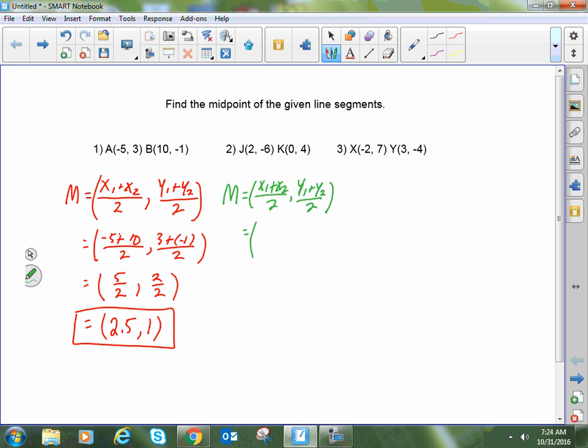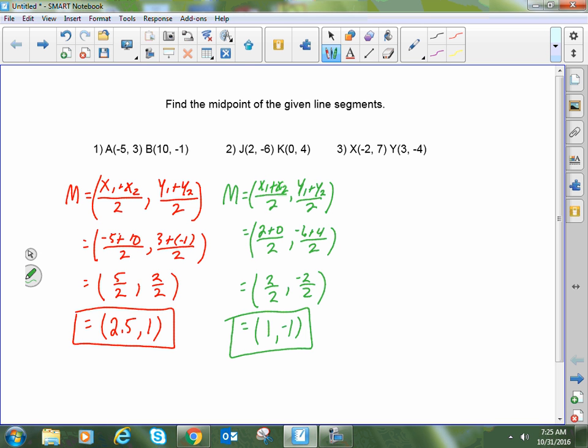Here I'm going to say 2 plus 0 over 2, and negative 6 plus 4 over 2. In the numerator of the first one, we get 2 over 2, and then negative 6 plus 4 gives me negative 2 over 2. And so we'll wind up with a point of 1 and negative 1. There would be our midpoint of that one.